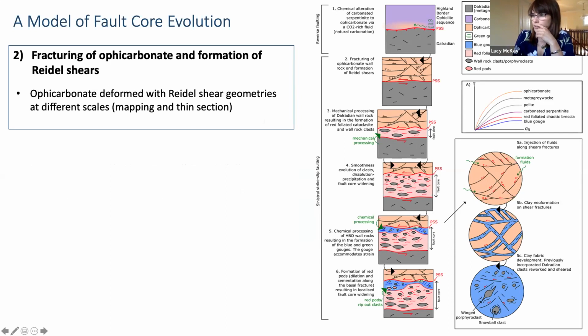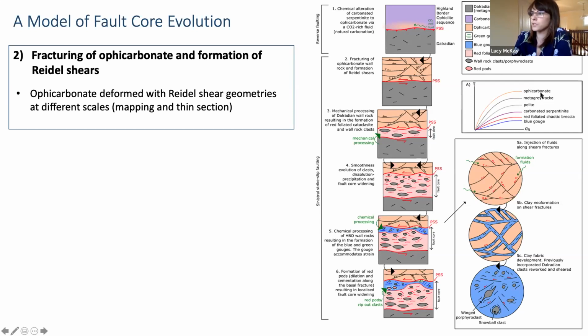But the next stage of faulting must be the formation of all these different units within the fault cores. So there are some small scale faults, Riedel shears in the ophicarbonate, that offset the veins.